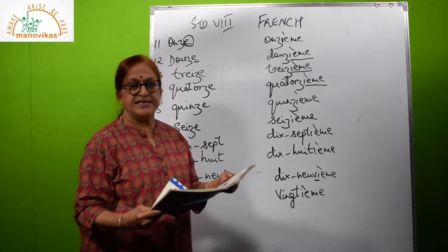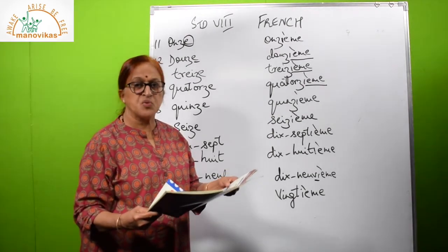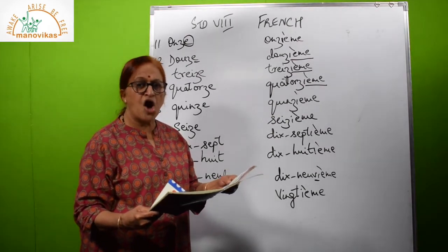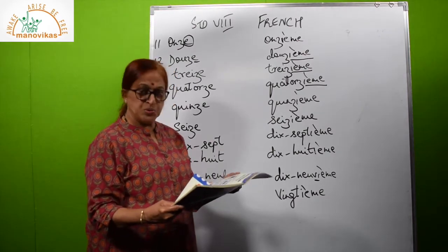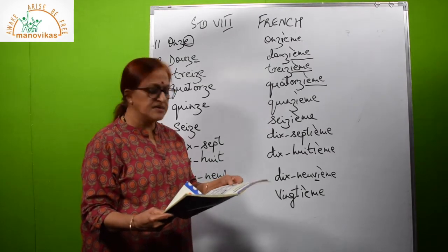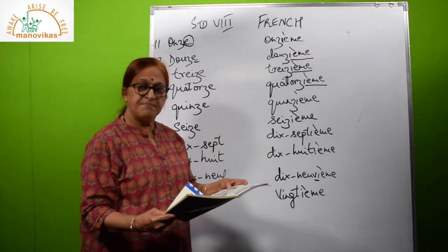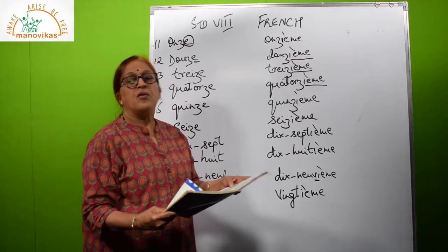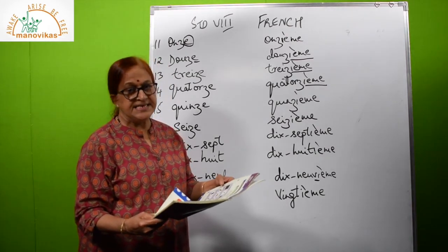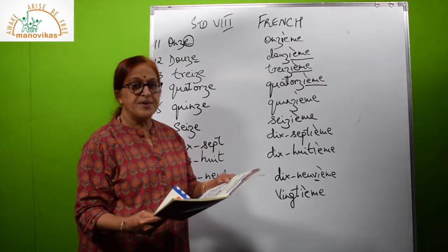Demandez la quantité, to ask for quantity. Quantity is how many. Now, un tableau, un couteau. Singular is un tableau. Tableau is a blackboard. Un couteau, knife. Now, when the noun ends in EAU, how do you make it plural?